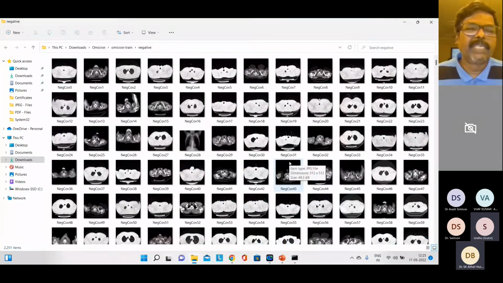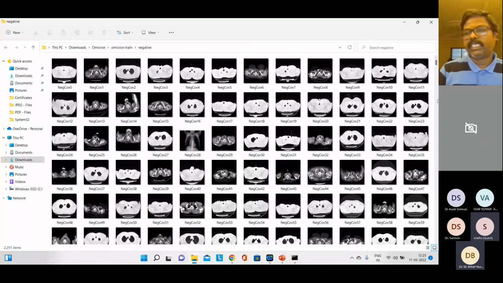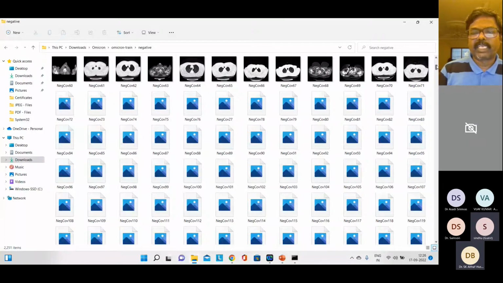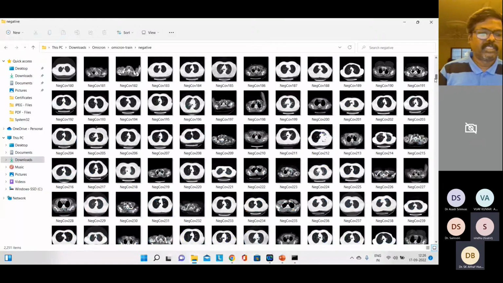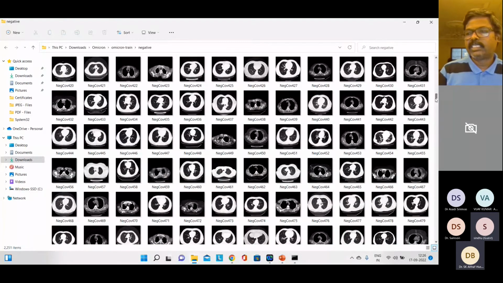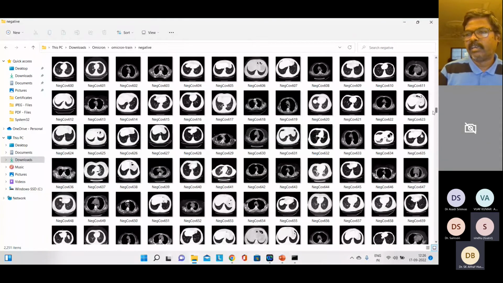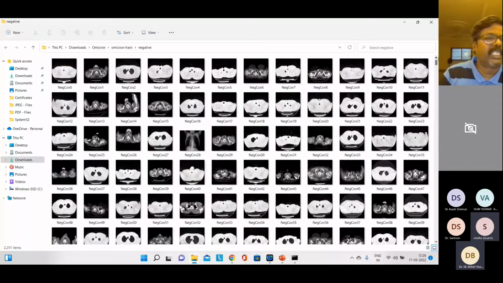These many images I have collected for Omicron data. If you see, nearly 5,000 images I have collected, and I have applied CNN algorithm on that data. It is running successfully.